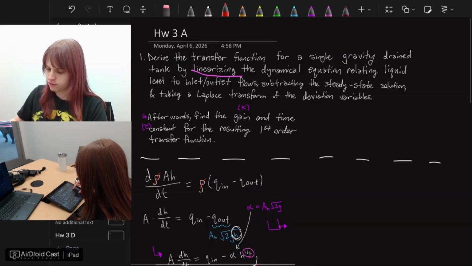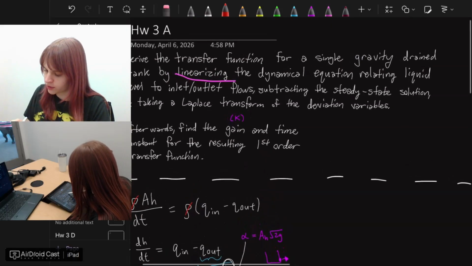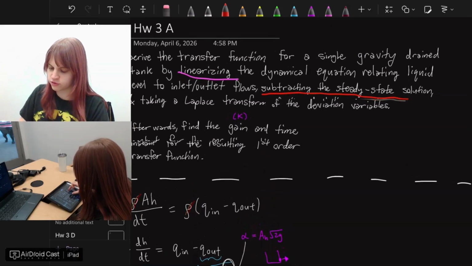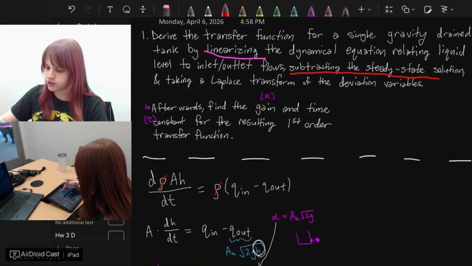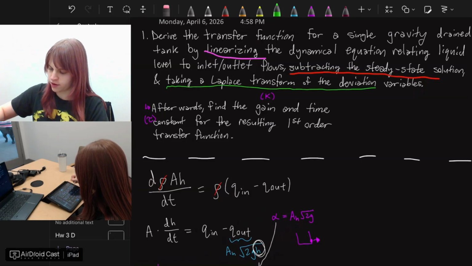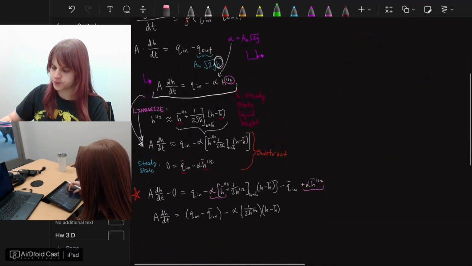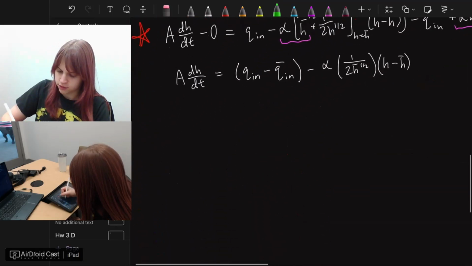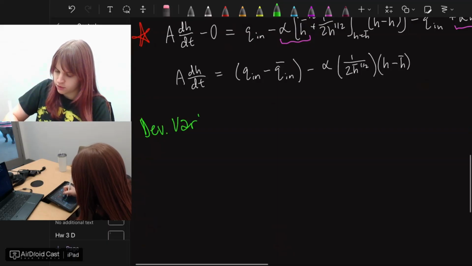So now we've gotten to this point, we've subtracted the steady state solution, and now we want to go ahead and take the Laplace transform of the deviation variables. The deviation variables we will define as follows.